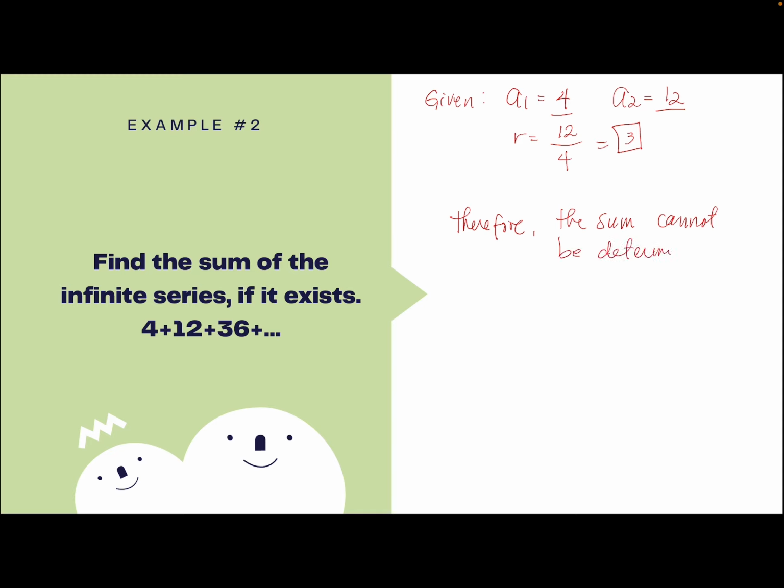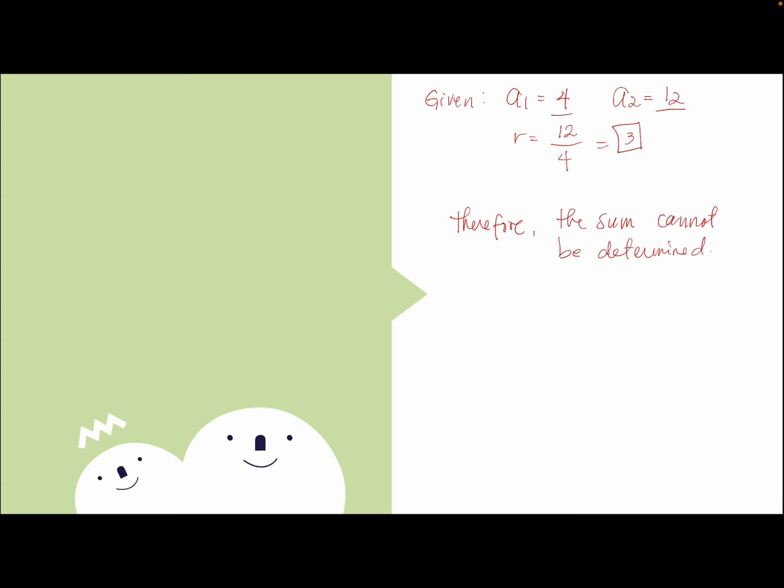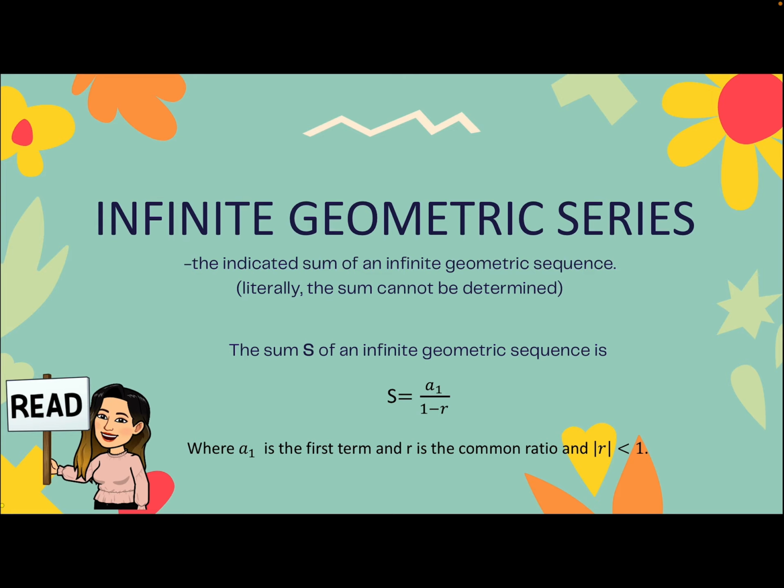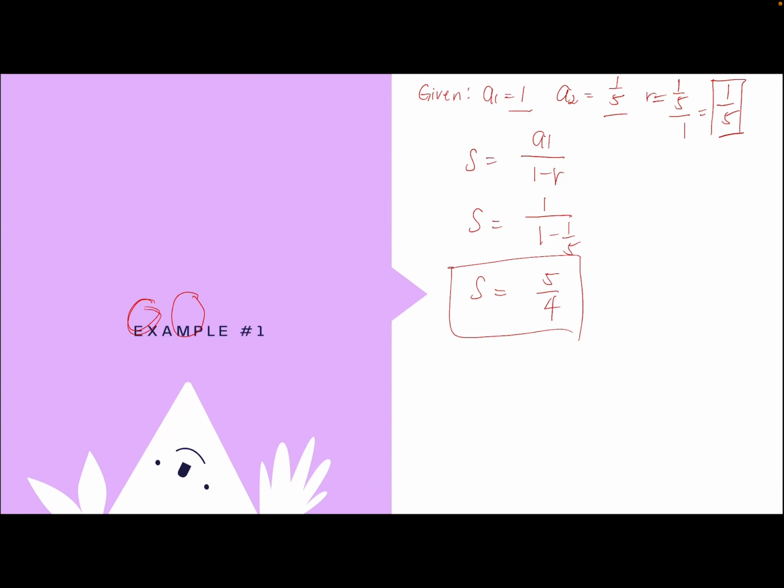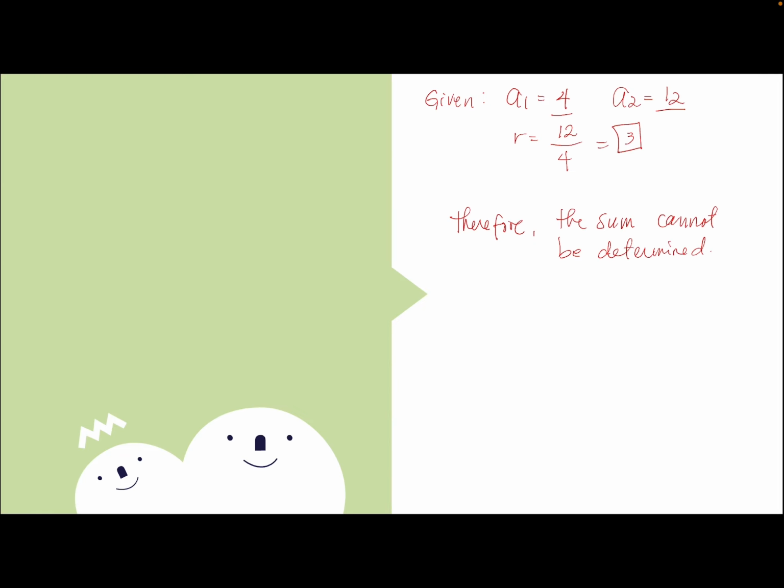Hindi siya pwedeng ma-determine. Okay? So, sabi lang kasi, kung babalikan natin yung definition, the absolute value of the common ratio R is less than 1 lang daw po. Okay? So, yung sa last example natin, the sum does not exist.